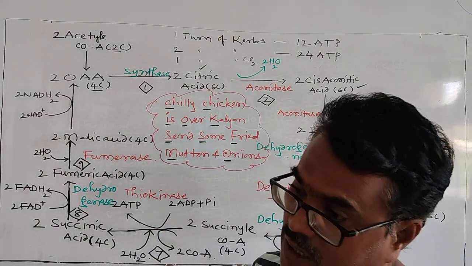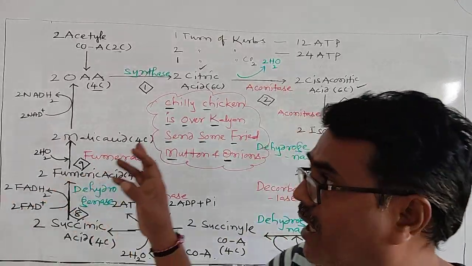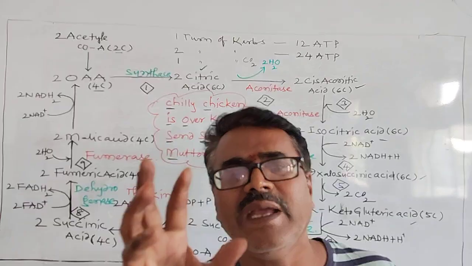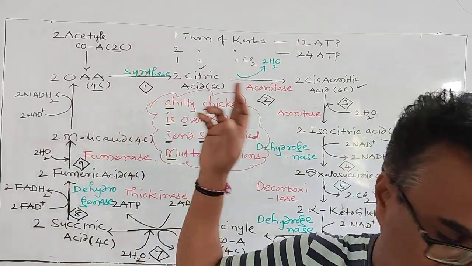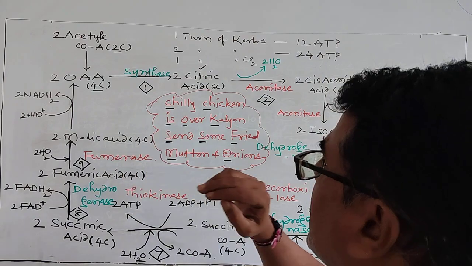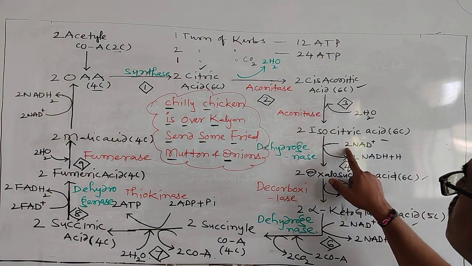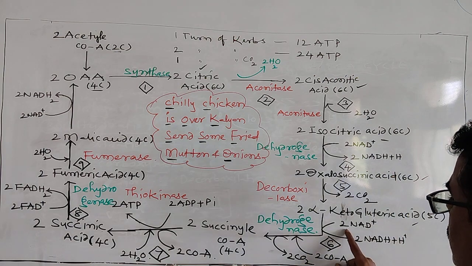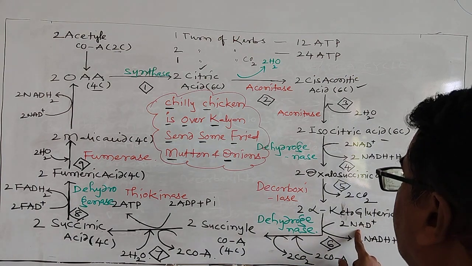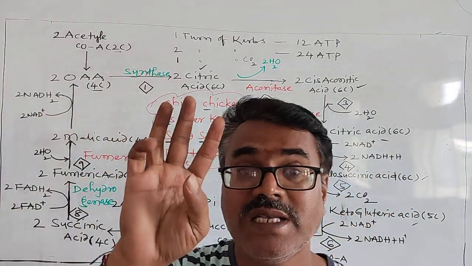How many NAD plus are required in the Krebs cycle? 6 NAD plus are required: 2 NAD plus, then 2 NAD plus, that is 4, then 2 NAD plus, total 6 moles.